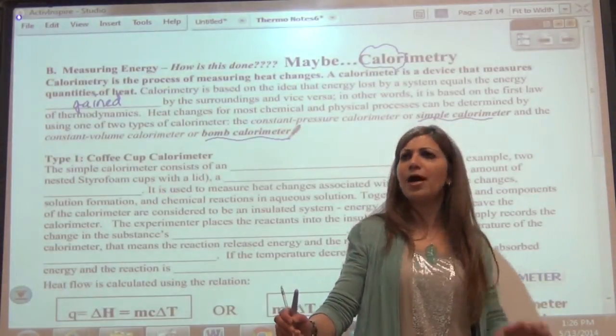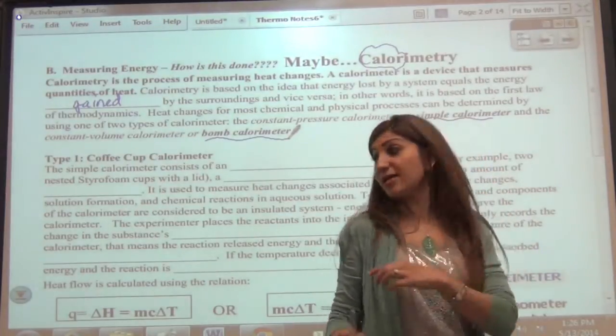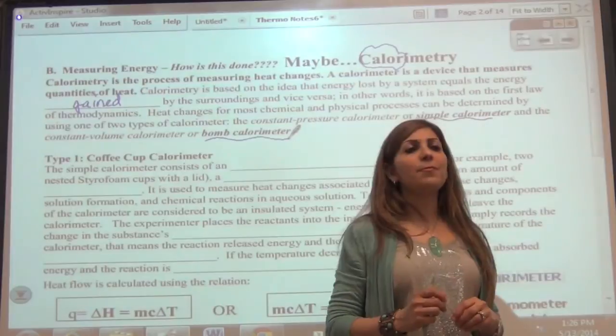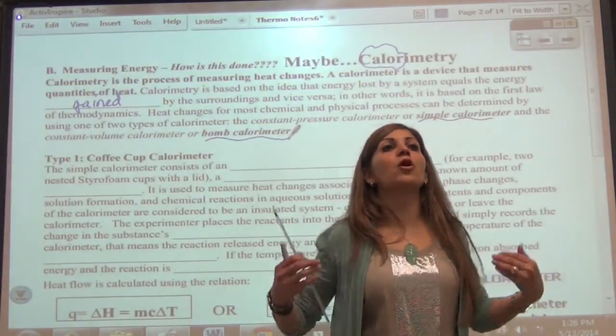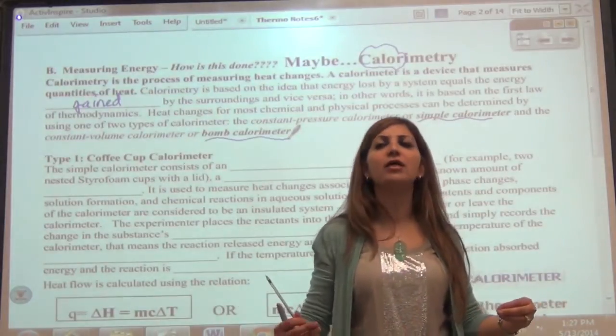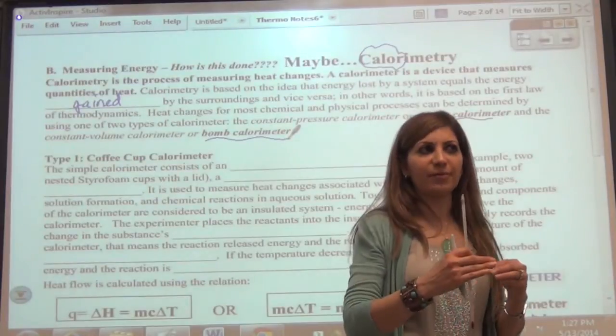Yes, probably. But I'm going to tell you something about water. We're going to talk about what is called the heat capacity, and I'll give you a chart of different heat capacities. Water actually absorbs a lot of the energy change, a lot of the temperature change that you have applied to it, and so water doesn't really change very much.